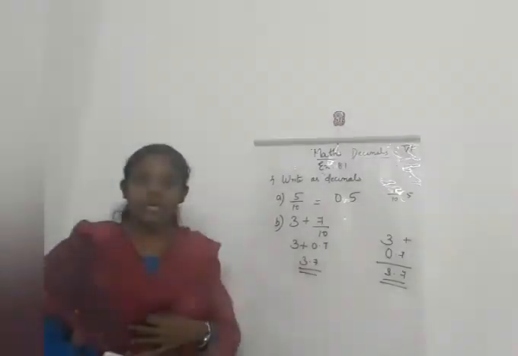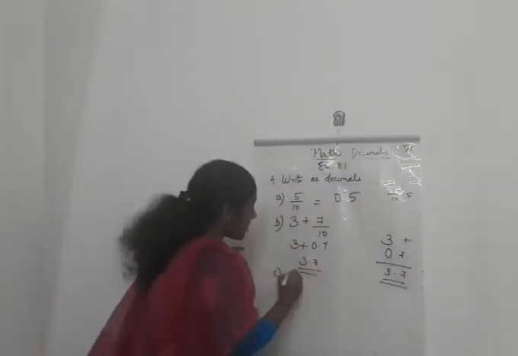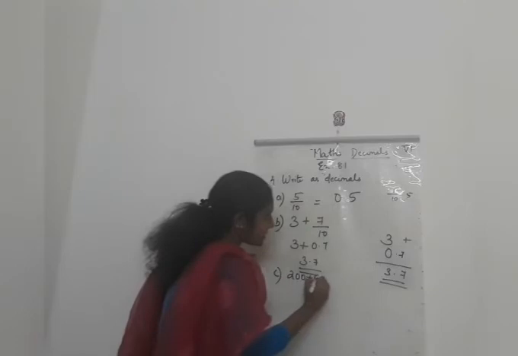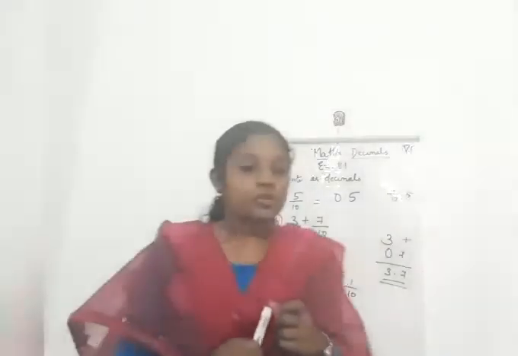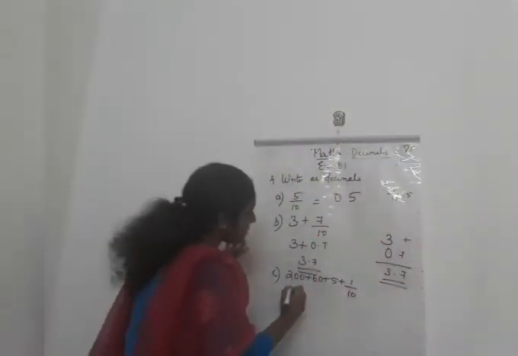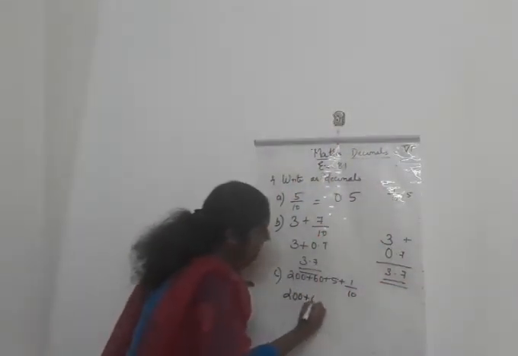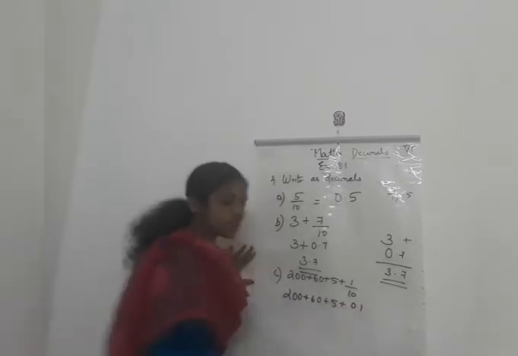3.7. Okay, now next question it is 200 plus 60 plus 5 plus 1 by 10. 200 plus 60 plus 5 plus 1 by 10. So we know that 1 by 10 means it is 0.1.